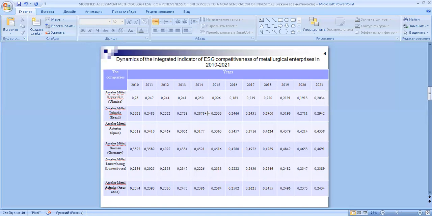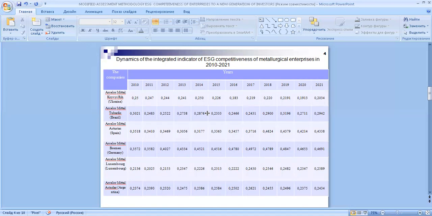The existing methodology for forming information support for assessing ESG competitiveness creates a certain limitation in access to information on compliance with ESG principles by enterprises.